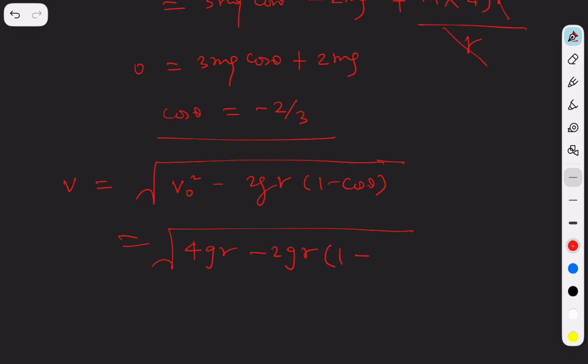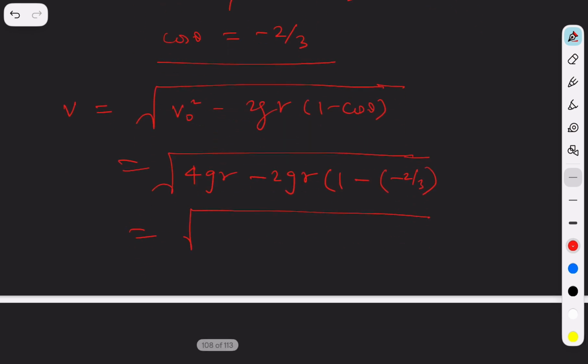If we solve this, we get 4gr minus 10gr by 3, this is 12 minus 10, so v is under root of 2gr by 3. That would be the answer of the last part.